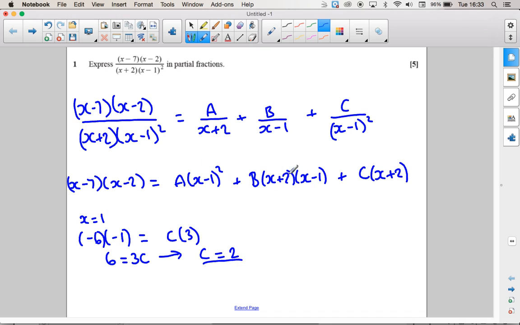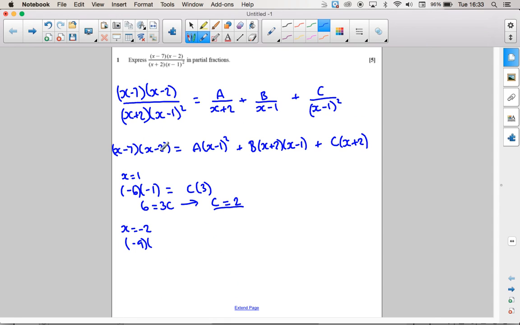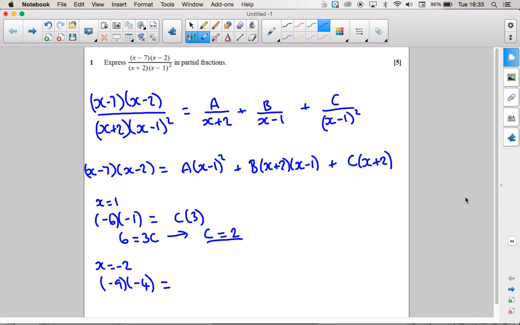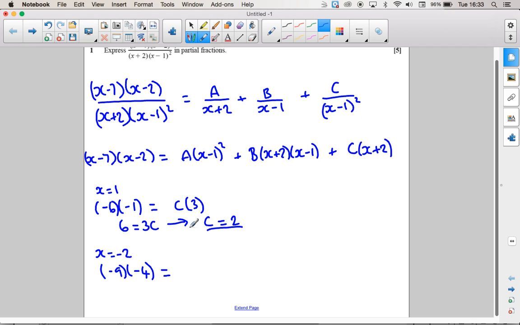The second sensible substitution I'm going to choose is x equals minus 2. And when x equals minus 2, I'm going to have minus 9 times minus 4 is equal to, this time this term won't disappear.